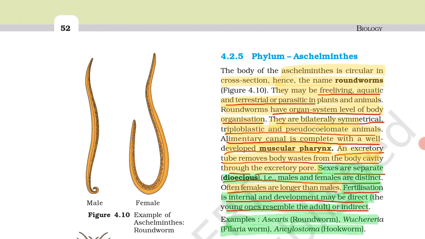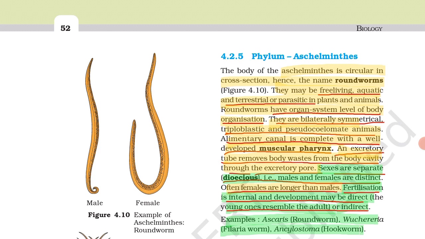Bilateral symmetry means that whenever a plane passes through the body, it divides the body into two identical halves in only a single plane. The example is Aschelminthes, and they are triploblastic, meaning the body exhibits three germinal layers: endoderm, ectoderm and mesoderm.